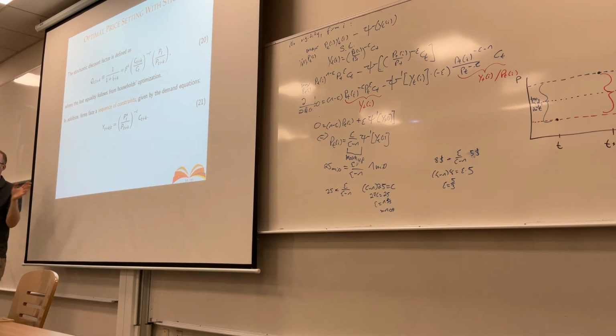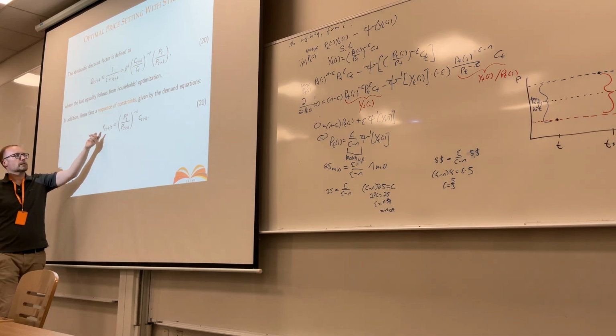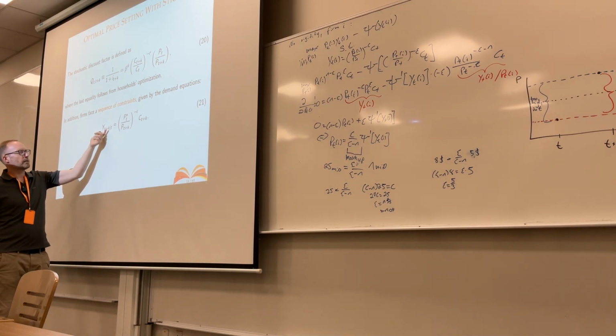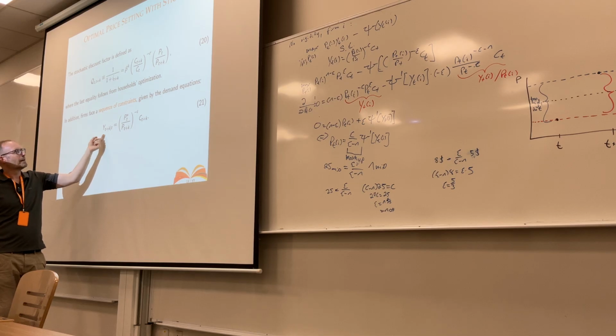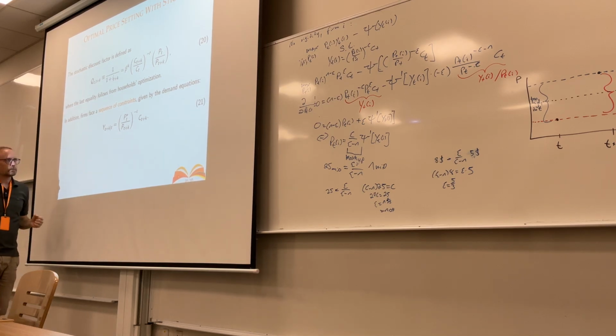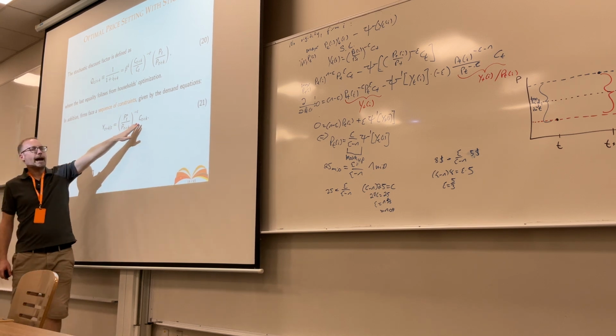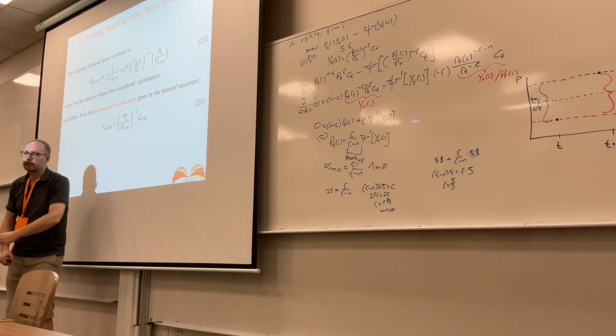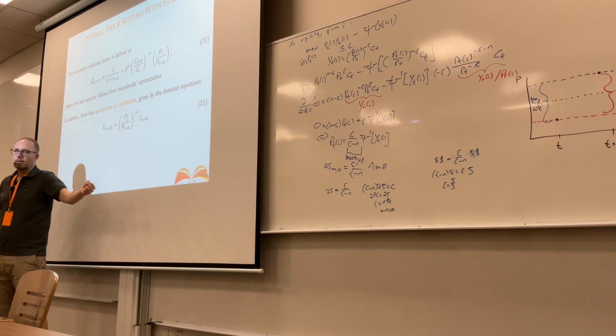Remember, the difference between the firms is only what their prices are. So the demand for this firm's good depends on when it last changed its price, which was k periods ago. And this is aggregate demand. This is the demand for our consumption basket as a whole.